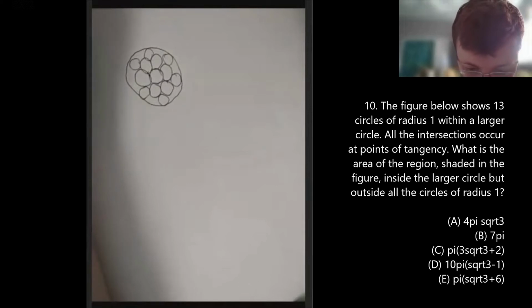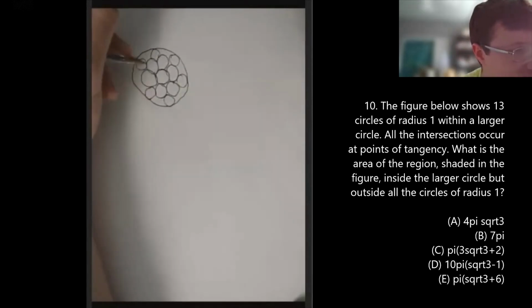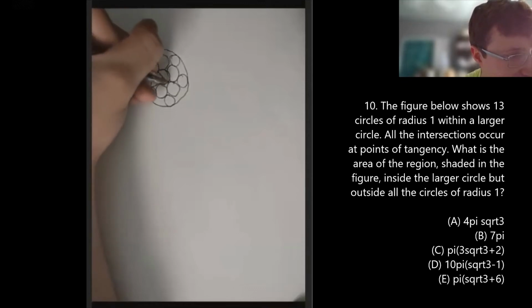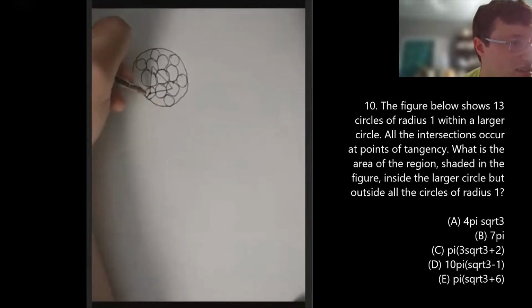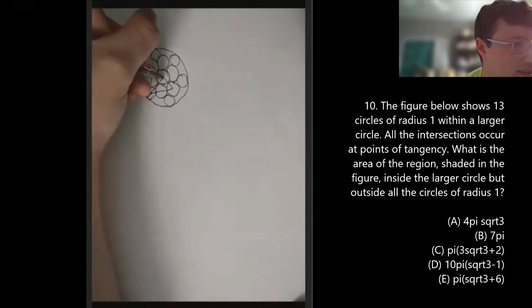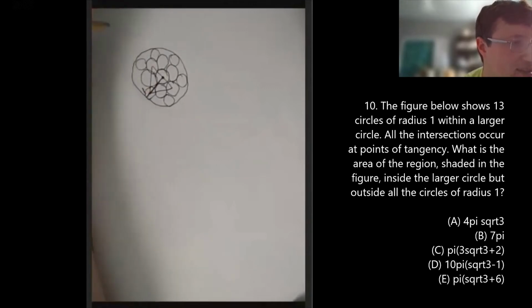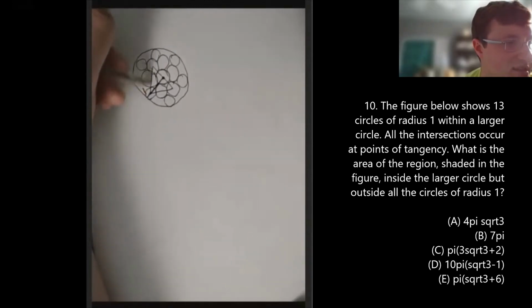I'm definitely going to use some equilateral triangles here. Oh, I think I know. If I connect these 3 centers, I get an equilateral triangle. And then this length has radius 1. And if I take the height of that equilateral triangle, I get the rest of the big radius. This has side length 1 plus 2 plus 1, which is 4.